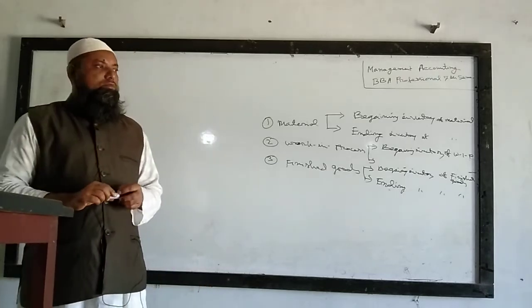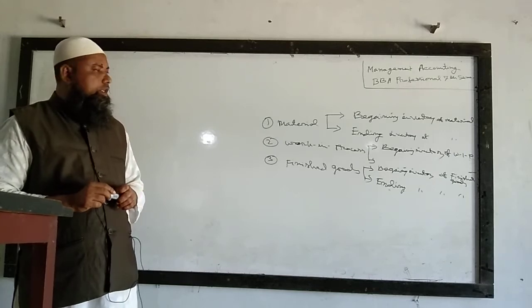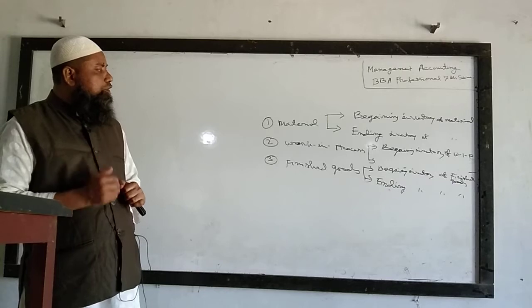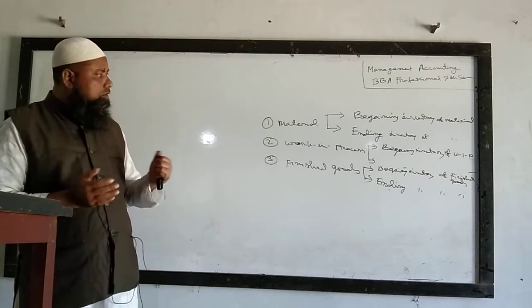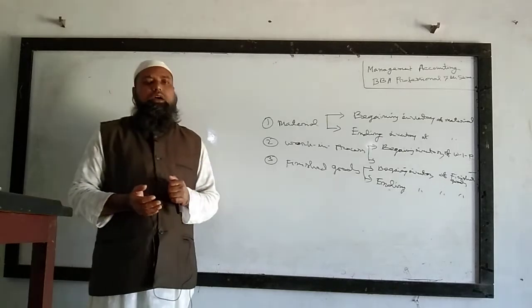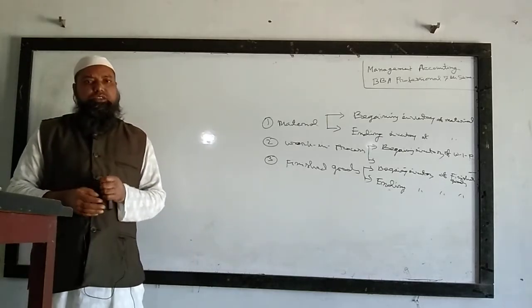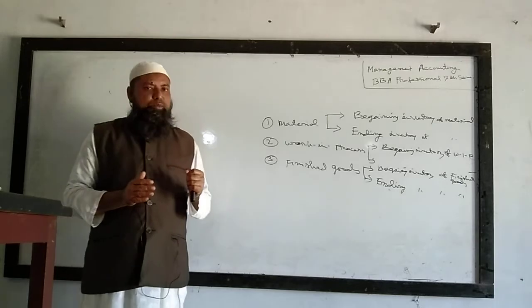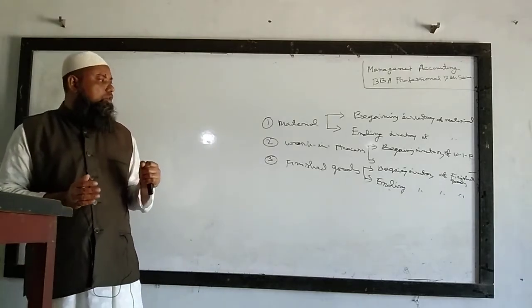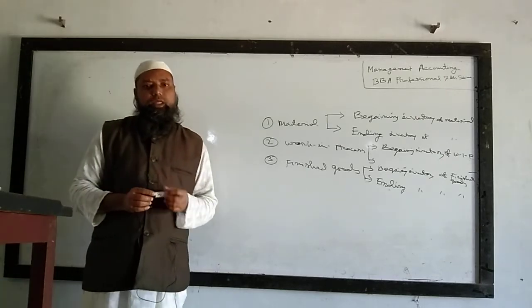So, we now understand inventory of material, both beginning and ending, inventory of work in process, both beginning and ending, and finished goods inventory, both beginning and ending.